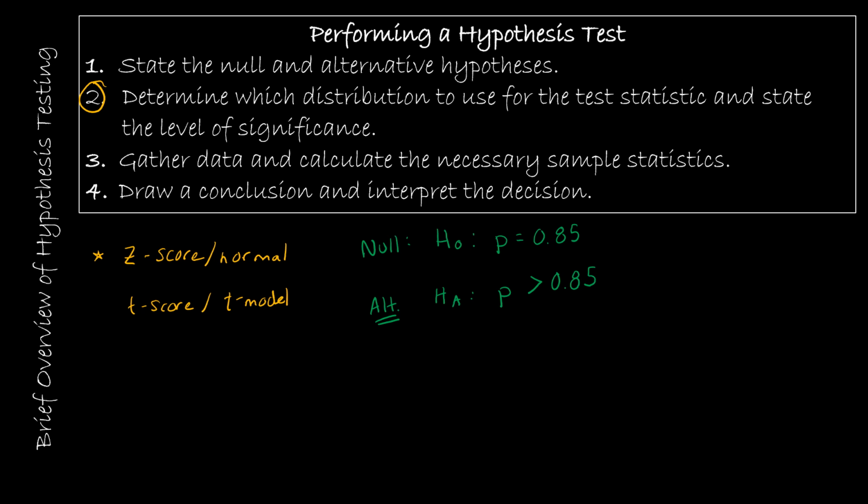Step 3 is to gather your data and calculate the necessary sample statistics. So again, the necessary statistics would be either a z-score or a t-score. And then we're going to draw a conclusion and interpret the decision. So there's 2 ways to draw a conclusion, and one of them is using a rejection region.